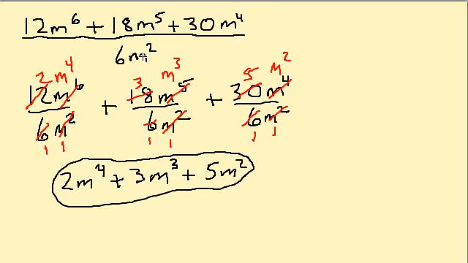Just remember, when you have a single term down here, you want to split them up into separate terms. And as far as the canceling on how we get the m to the 4th, that goes back to the integers. Basically what you're doing is 6 minus 2, 5 minus 2, 4 minus 2. That's how we get the 4, the 3, and the 2 for those exponents.